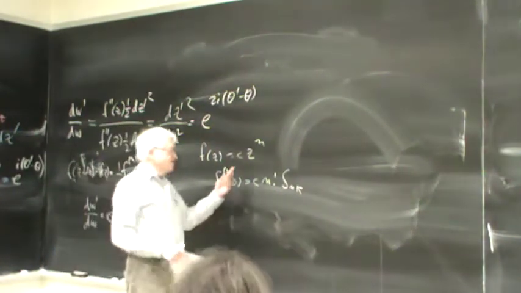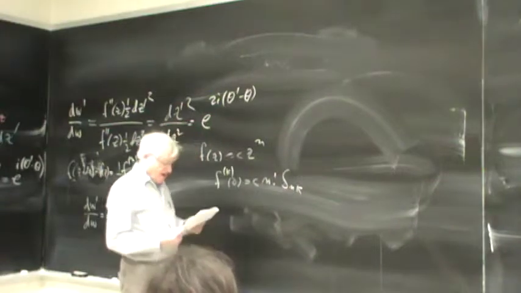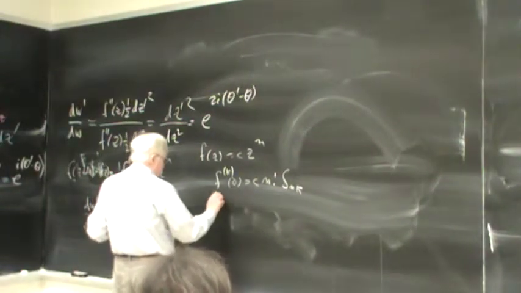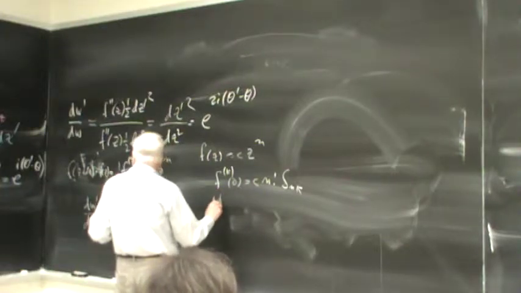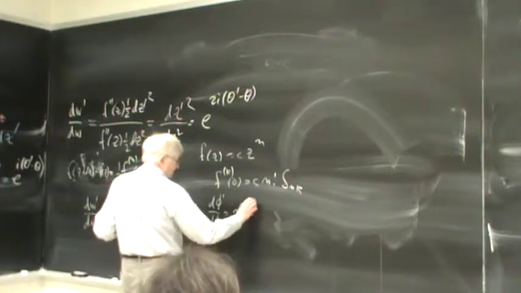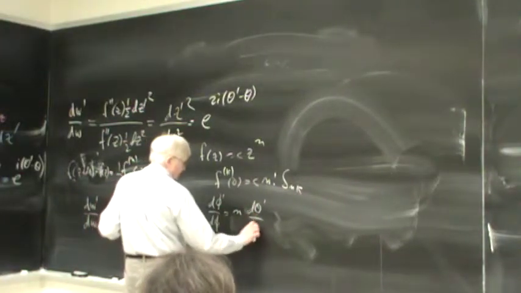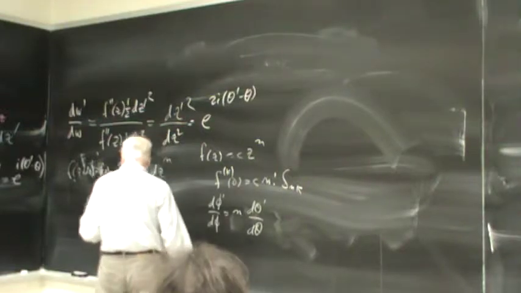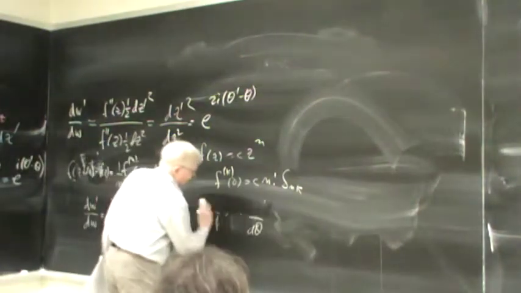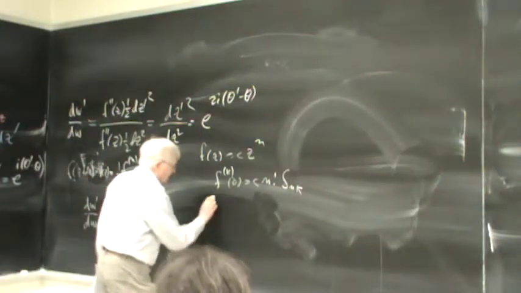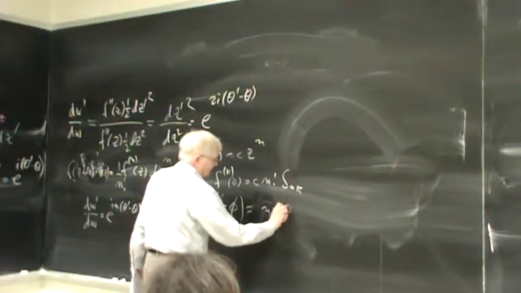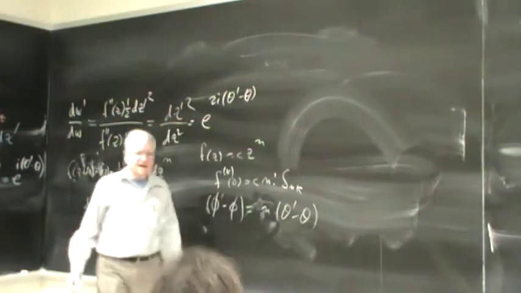If you differentiate just enough, just n times, you get this. And consequently, d phi prime over d phi is n d theta prime over d theta. Anyway, the angles here: phi prime minus phi is simply n theta prime. So the angles go up by a factor of n.